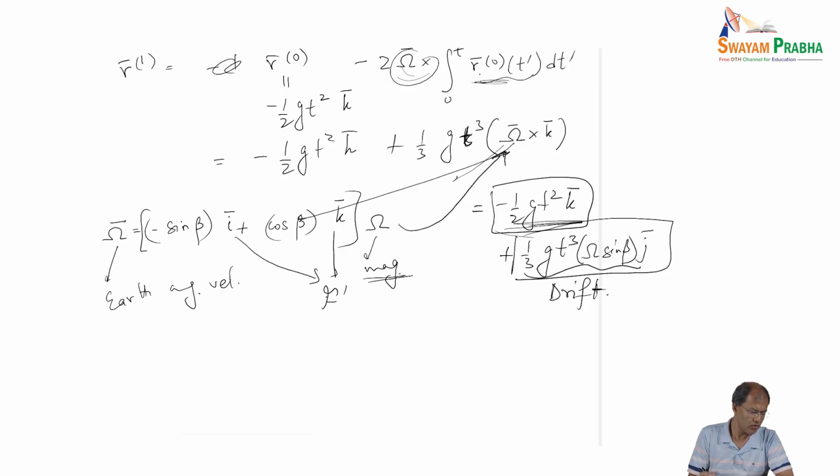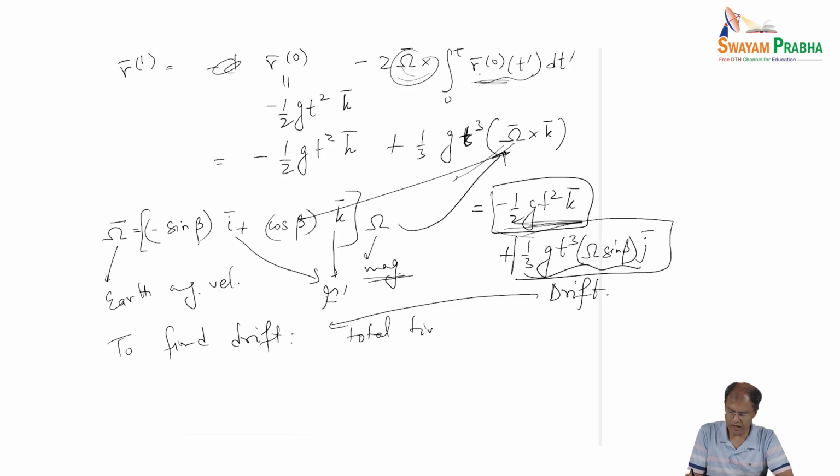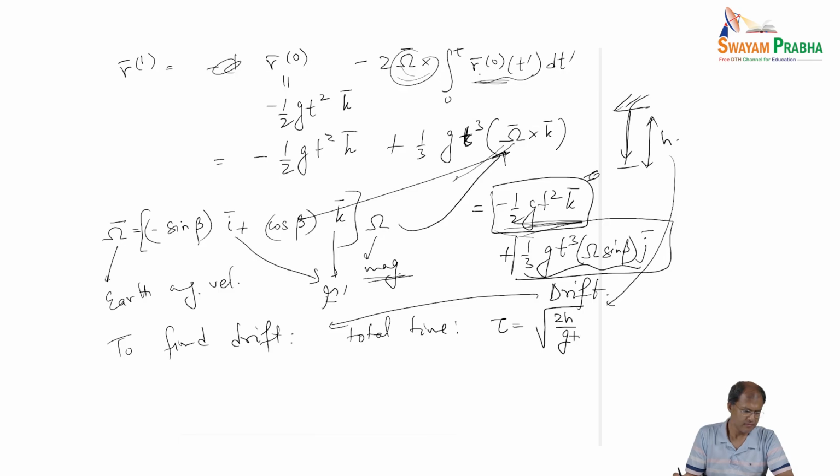Now to find this drift, we have to find the total travel time of the ball. The total time tau is coming from here. Let us say the total distance traveled is h, the total distance from the point where it is thrown. The total time taken is the square root of 2h by g, from regular projectile motion.